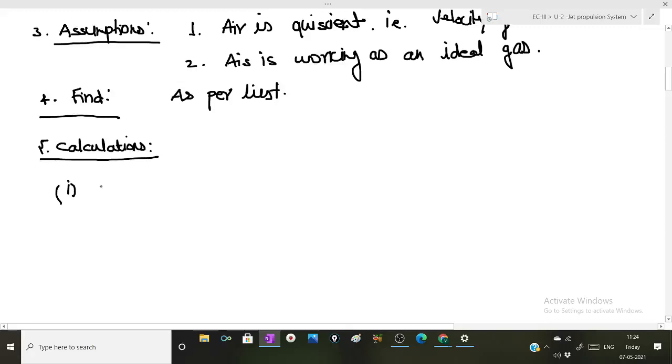So mass flow rate of fuel is to be calculated. Number 1. Now we have been given air fuel ratio is equal to 70:1. Okay. So air fuel ratio is nothing but mass flow rate of air to the mass flow rate of fuel.